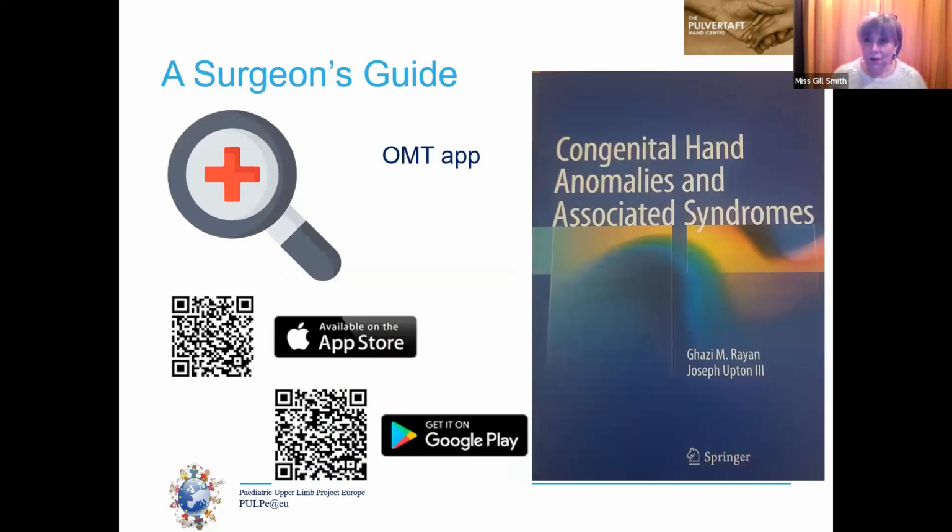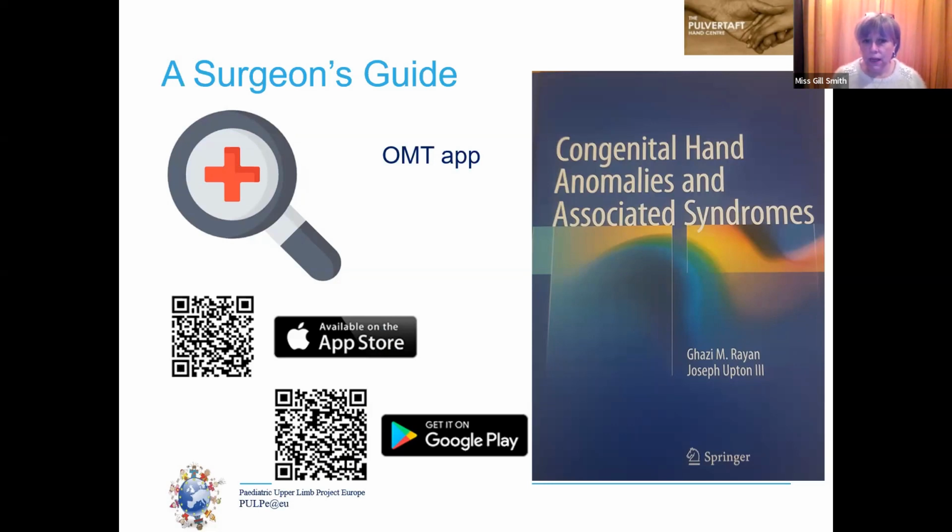So for those of you who aren't going to read Smith's book, there's 2 much more easy and surgeon-friendly ways of trying to look up syndromes when you see a child that doesn't quite fit the bill. And one of them is Wee Lamb, again, I don't know where he fits in the time to do this, has produced the OMT app, OMT being Oberg-Manske-Tonkin, meaning the classification of congenital hands.